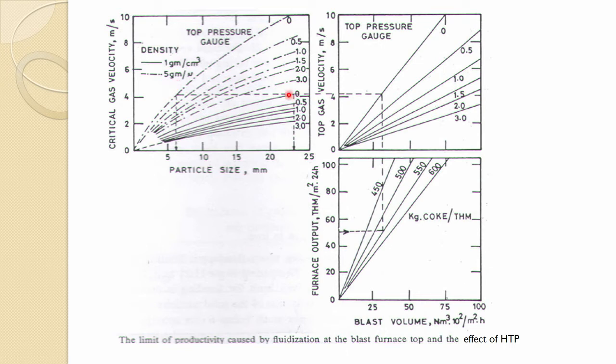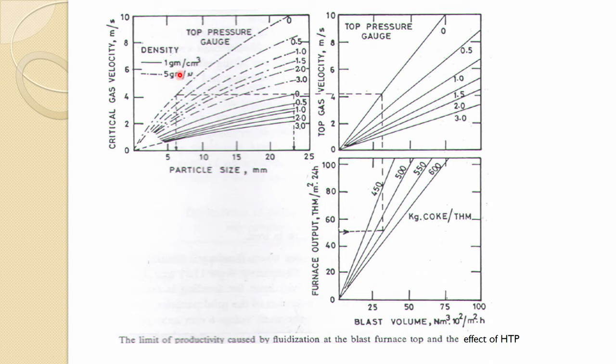So, the gas density curve is here, and this is the charged material density or ore density, 5 gram per centimeter cube.